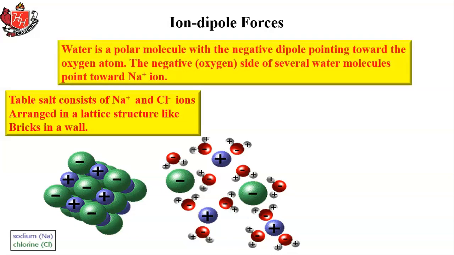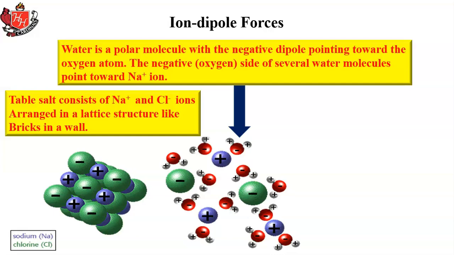Now, a water molecule is a polar molecule with a negative dipole pointing towards the oxygen atom, and the negative oxygen side of several water molecules points towards the Na plus sodium ion. In other words, the oxygen sides of a whole bunch of water molecules, which are negatively charged, kind of gang up on one of the sodium ions and pull it away from the salt crystal.